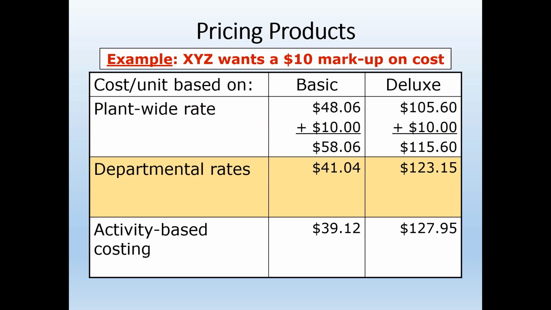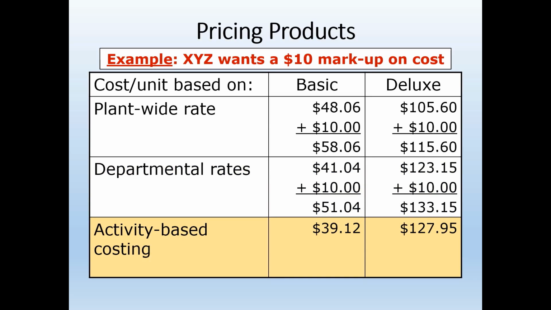If the firm chose departmental rates, it would be selling its basic units for $51 each, and its deluxe units for a little bit more than $133 each. And if the firm chose activity-based costing, it would be selling its basic units for a little bit more than $49 each, and its deluxe units for almost $138 each.